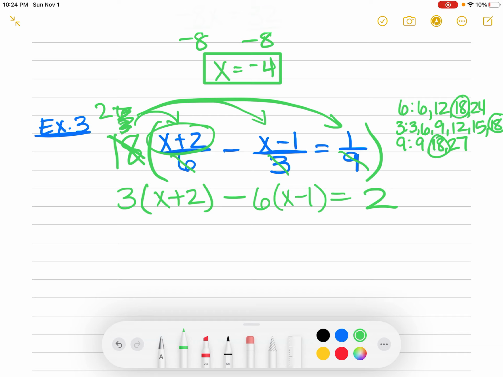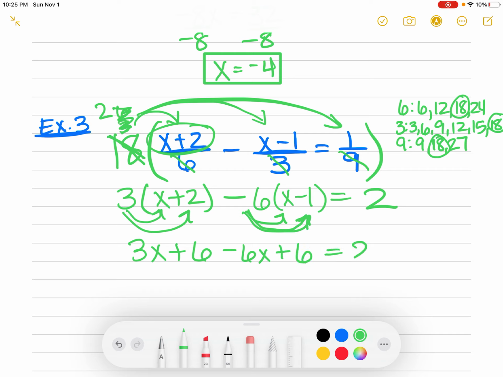Okay, now I can solve all of this. So I have more distributive property to do here. So I get 3x plus 6. And then over here, I'm going to do negative 6 times both of these, okay? So negative 6x. And then negative 6 times negative 1 is a positive 6. Now I'm going to add my like terms.